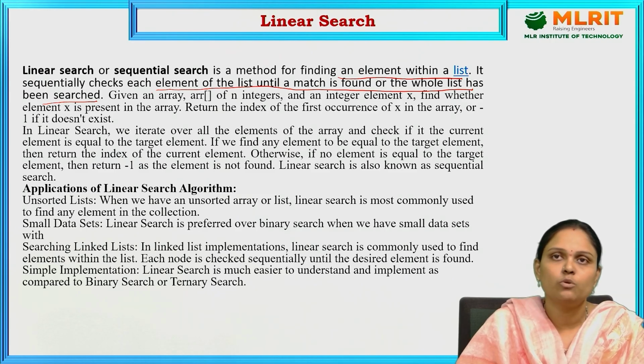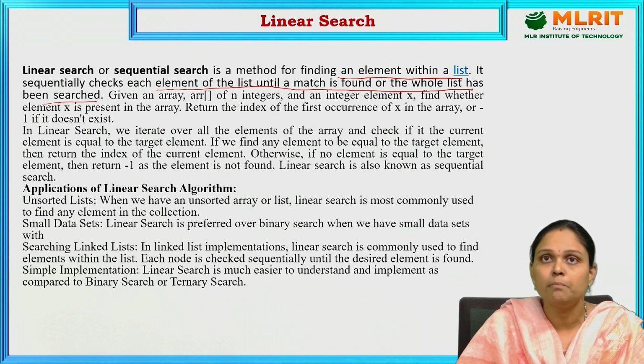Consider we take some integer values. In those values, we want to find the position of one particular element, where it is in the array. The position is nothing but the index value of that particular element in the array or list.